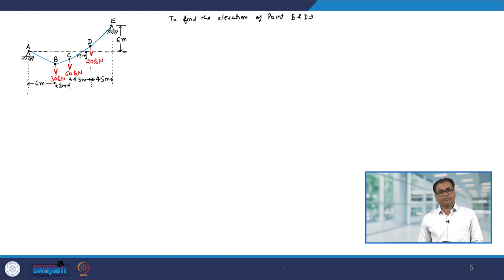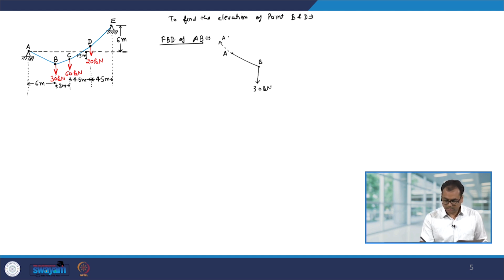So, let us look at the free body diagram of AB. Here we have point A and then you have point B. At B you have external loading of 30 kilonewton. At point A the reaction force is going to act along the cable.